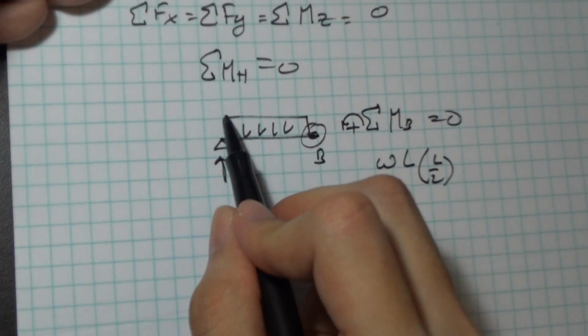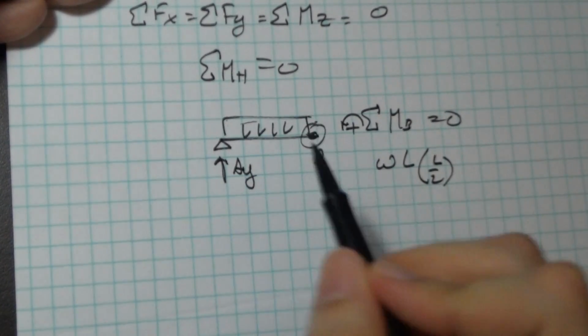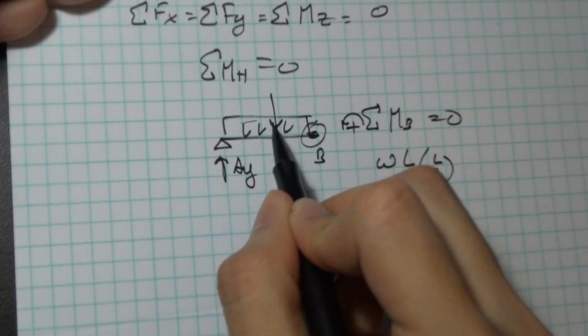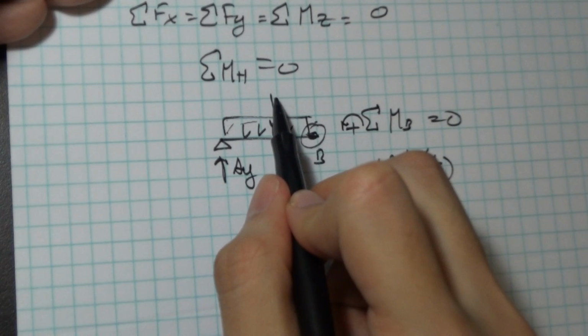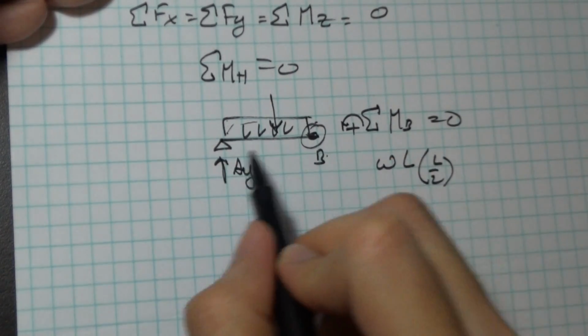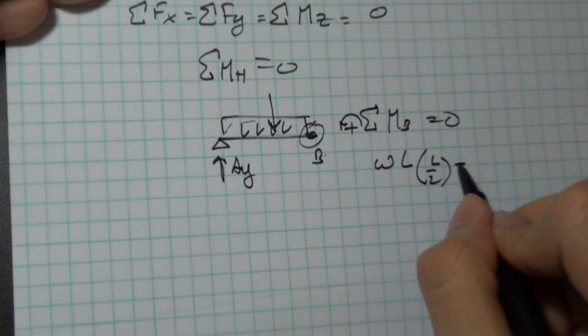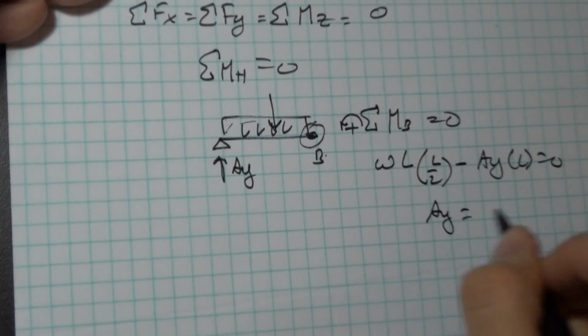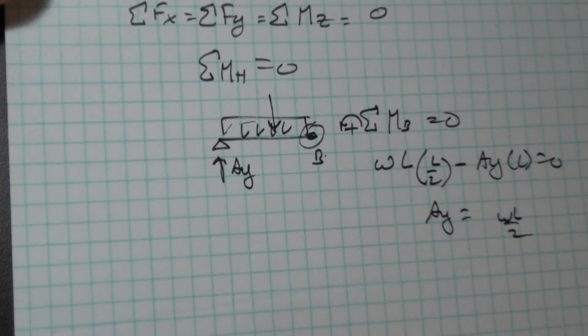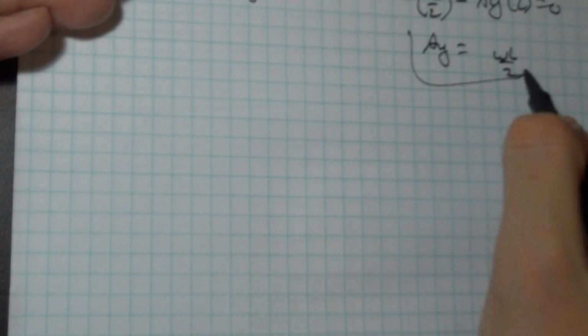This is height W times length L, that's the total load. The load acts at a distance L/2, and this is length L, minus AY times L equals 0. Therefore, AY is equal to WL/2. And that is my first reaction.